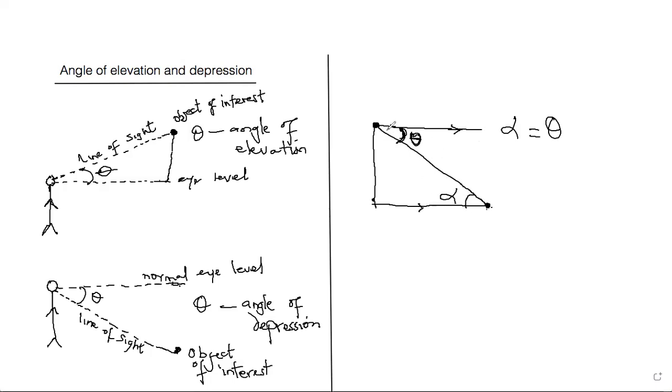When you have two parallel lines and a line that goes across them, that line is called a transversal. So this angle here will be equal to this angle here. In this case, the angle of elevation, alpha, is equal to the angle of depression, theta, because they are alternate angles. Okay, so that's something you need to keep in mind.